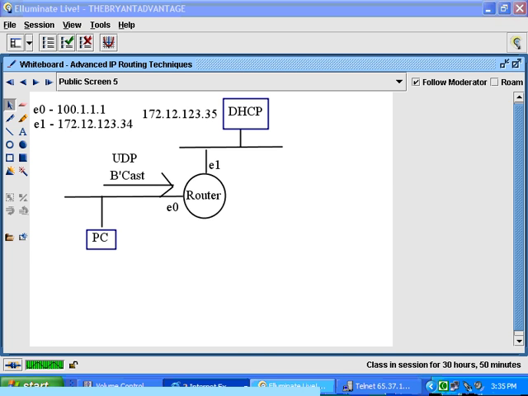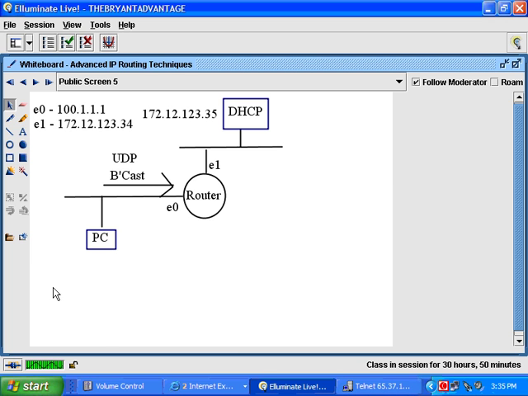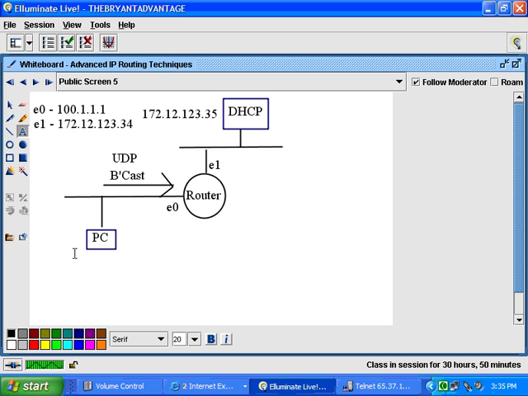This command is the IP helper address command. It's a very simple command to configure. It's simply the command followed by the IP address that we want these UDP broadcasts to be unicast to.